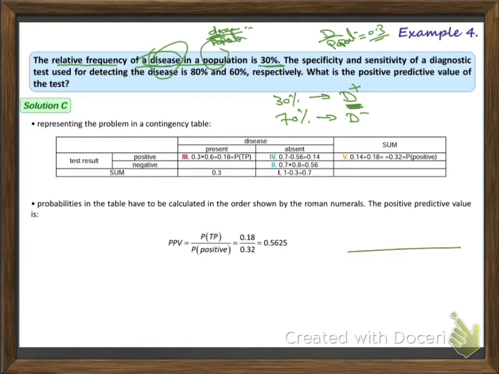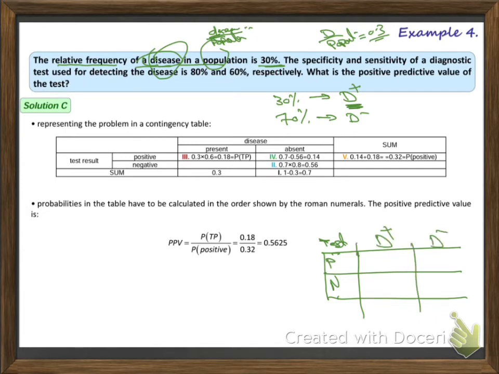If I draw a table here, this is the test, positive and negative, and here for the disease, disease positive and disease negative. So this is the positive test and this is the disease, positive and negative, and this is the test.